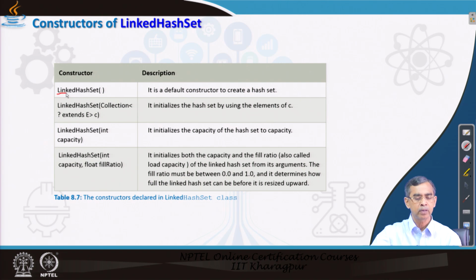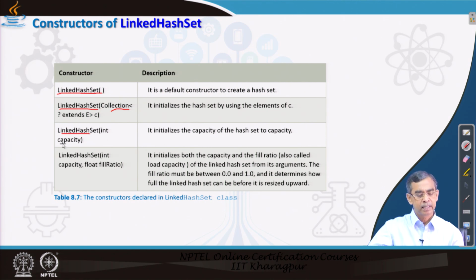This is the default constructor, and it is basically the same as the hash set constructor. If we want to create a linked hash set with an existing collection as input, this is basically the same as the hash set.